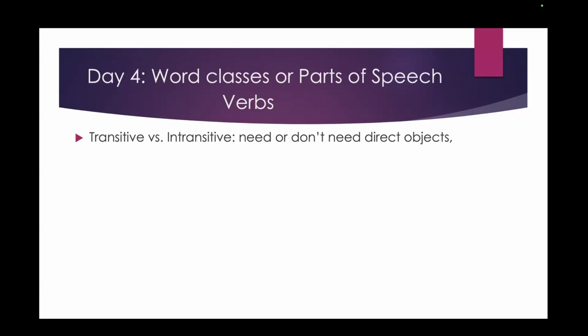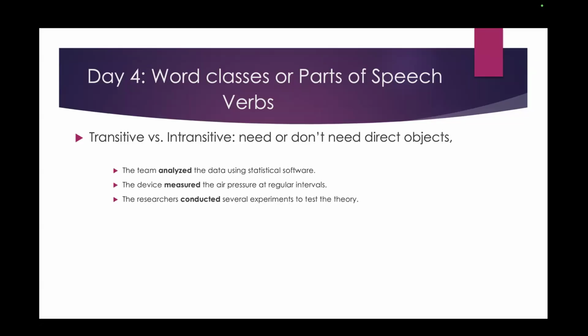Verbs can be classified in different manners. One of them is the classification that regards what comes after the verb. In this case, verbs can be classified into transitive, where after the verb there is a need for a direct object, and intransitive, where after the verb there is no direct object.